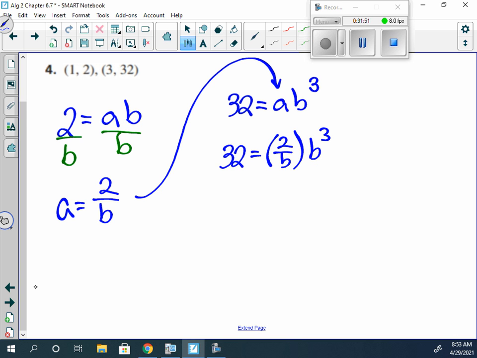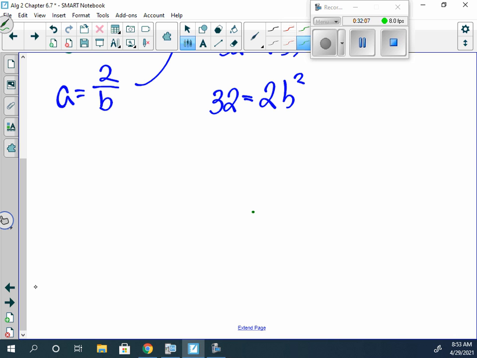And then we take that and plug it in to solve for the rest. So what can we do next? Simplify a little bit. b cubed divided by b would become b squared. And then what would we do next? Divide both sides by 2, which will tell me that b squared is equal to 16, and then square root both sides.